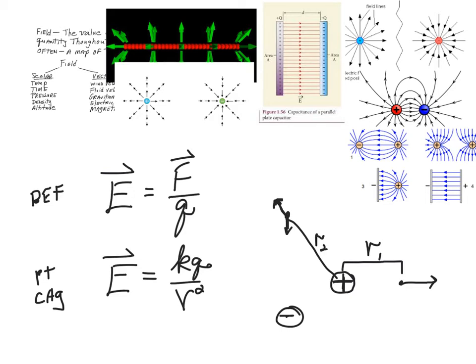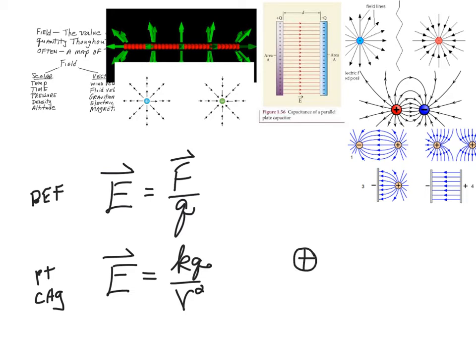Okay, one other thing that I want to mention here. The other thing is that electric field vectors always point away from a positive charge and toward a negative charge. And that agrees with the definition because the electric field is a vector. If the charge is positive, the direction is in the direction of the force.